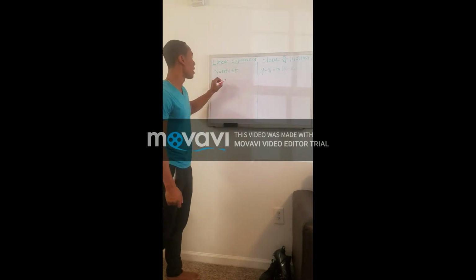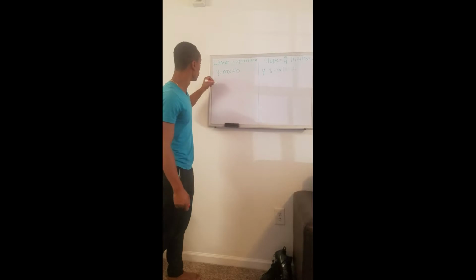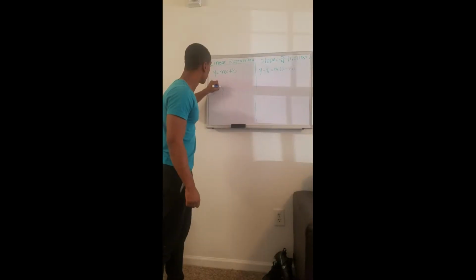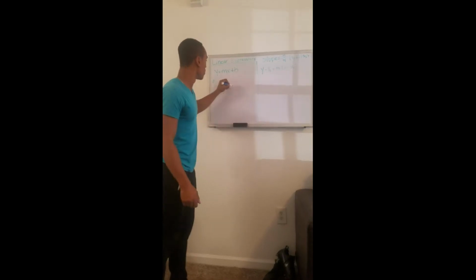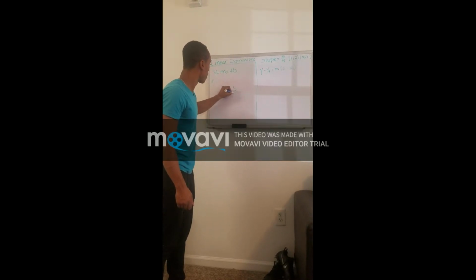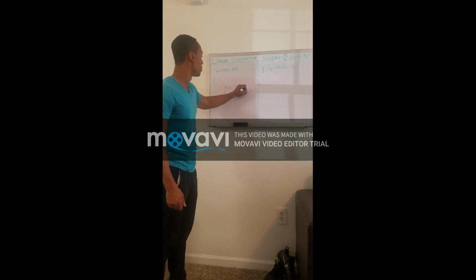So right here we have the slope. The slope is 5 over 4. So we're going to write y equals 5 over 4, which is the slope, x plus b.